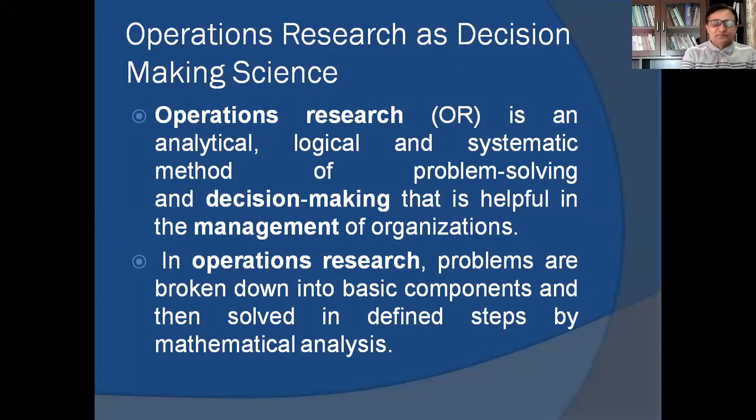So operation research is concerned with the analytical, logical, and systematic method of problem solving and decision making that is helpful in management of organization. The example we have taken belongs to our home, but a similar example we can take for management also.